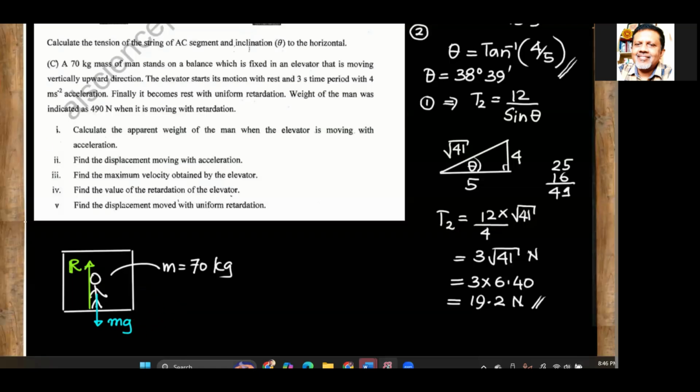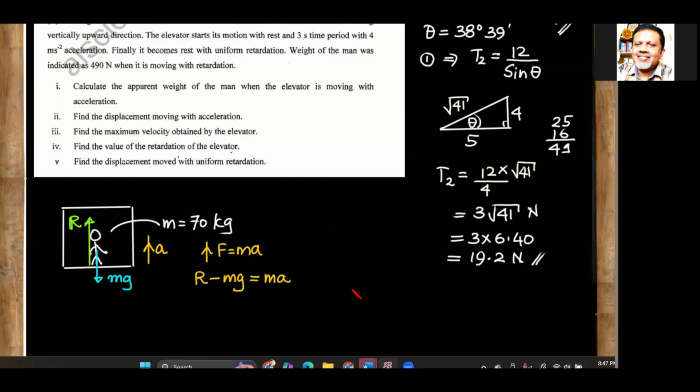For example, if the elevator is moving upwards with an acceleration of simply a, we can apply F equal to ma to all the objects inside this frame, right? So using the upward direction F equal to ma, if you consider this person, the force in the upward direction is R minus mg is equal to ma.